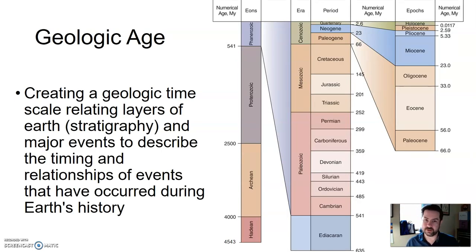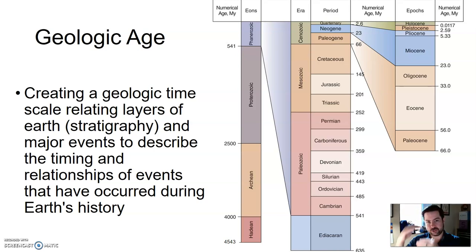Geologic age is another way to date a rock. Scientists created a geologic timescale relating layers of Earth, called stratigraphy, and major events to describe the timing and relationships of events that have occurred during Earth's history. We call that geologic age.